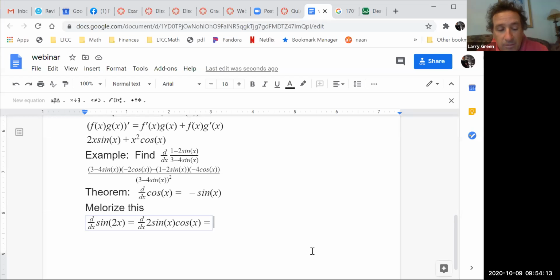So that's going to be equal to 2 times the derivative of the sine, which is the cosine of x, times the cosine of x, plus 2 sine of x times the derivative of the cosine of x, which is negative the sine of x.